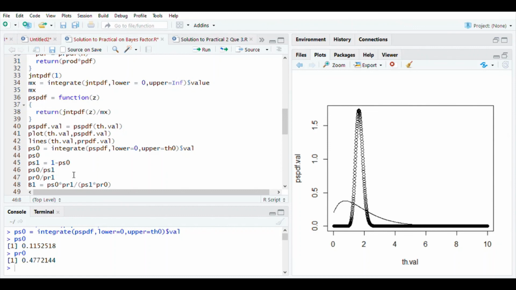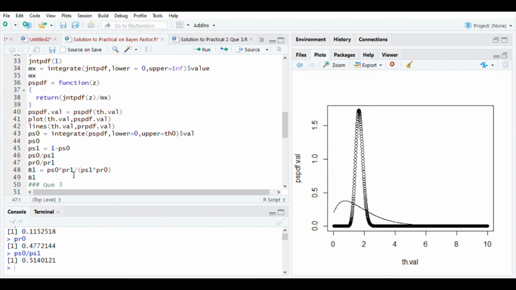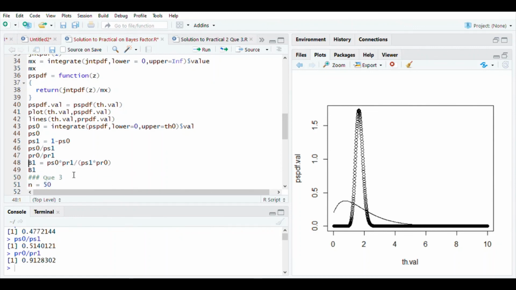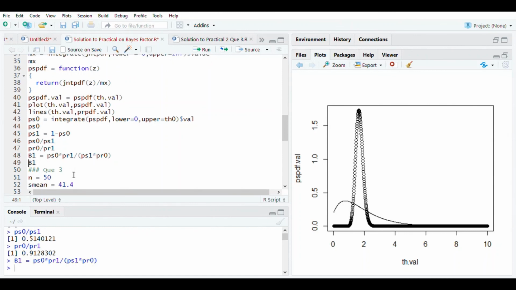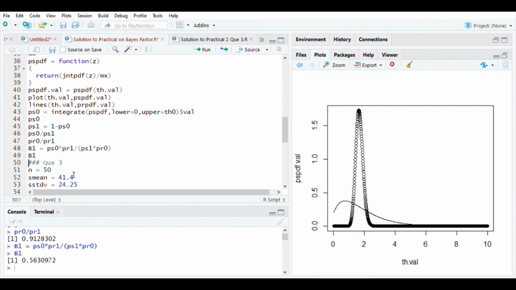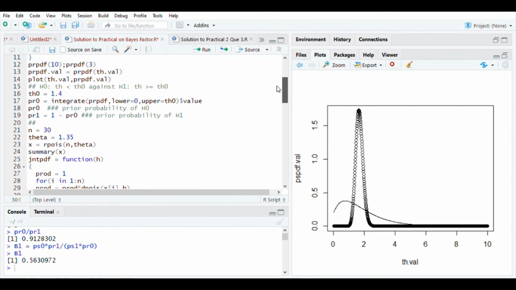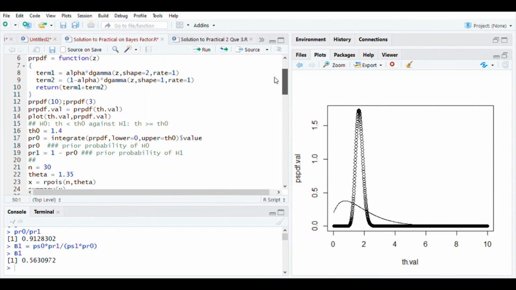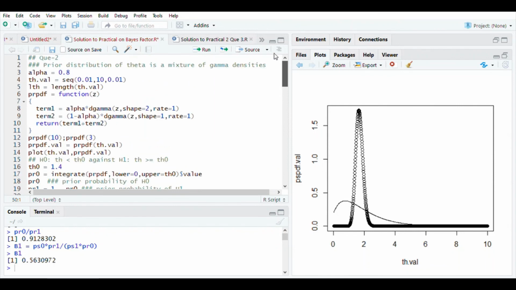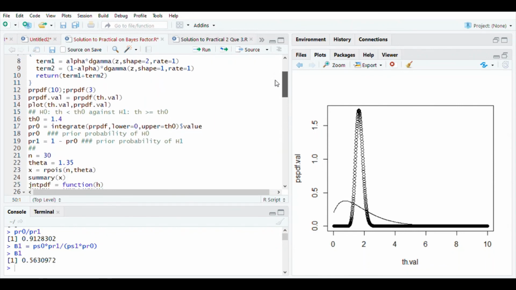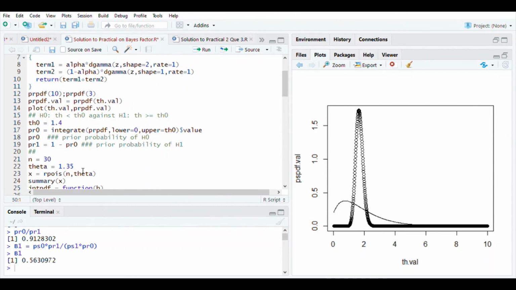So the Bayes factor will be simply the ratio of posterior odds to the prior odds. Let us look at the Bayes factor. It is 0.56. So you can now make the conclusion. Notice that here the hypothesis H0 was theta less than theta naught. Theta naught is 1.4 and theta is 1.35.